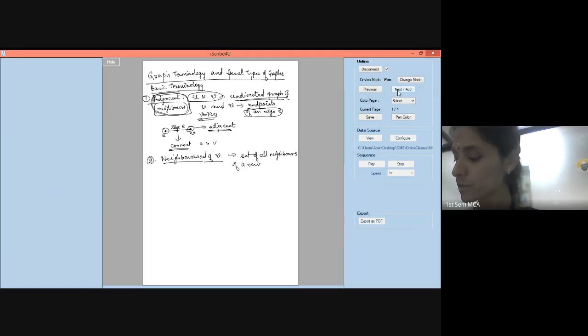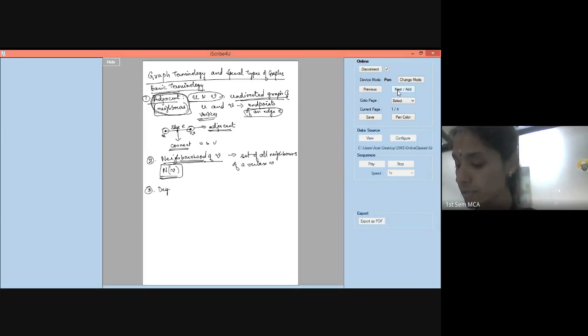The neighbors of a vertex V are called the neighborhood of V, represented by N(V). These are all the vertices that are close to me. Put together, all my neighbors are the neighborhood of V. We'll also see some examples, so don't worry.